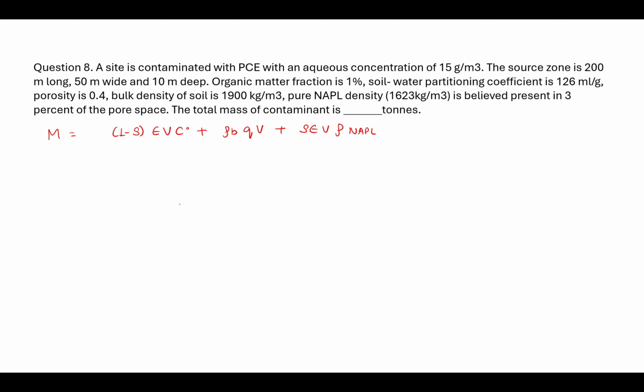Where S is the fraction or percentage of the pores filled with NAPL, epsilon is the porosity, V is the volume of the soil or sediment, C naught is the concentration of the pollutant in aqueous phase, rho B is the bulk density of the soil, Q is the fraction of the contaminant which is adsorbed on the sediment or soil, and rho NAPL is the density of the NAPL.